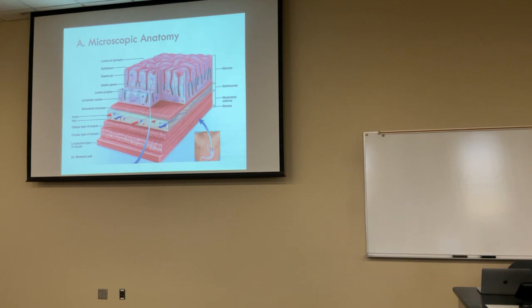Most parts of the digestive tract only have two layers, a circular layer and a longitudinal layer. The stomach has a third layer called the oblique layer, in addition to the other two. And finally, on the outside of the stomach, there's a thin layer of connective tissue called the serosa. Okay, those are the four layers that make up the stomach.